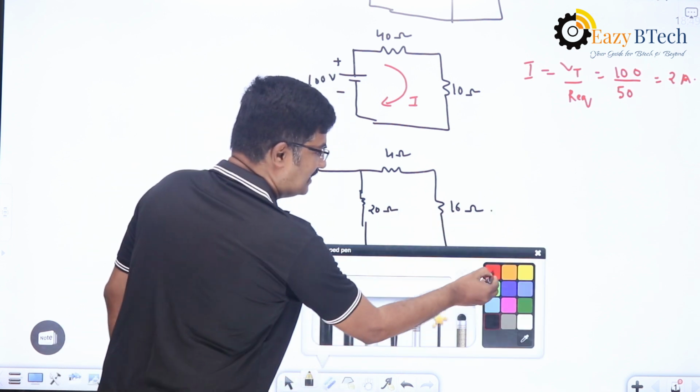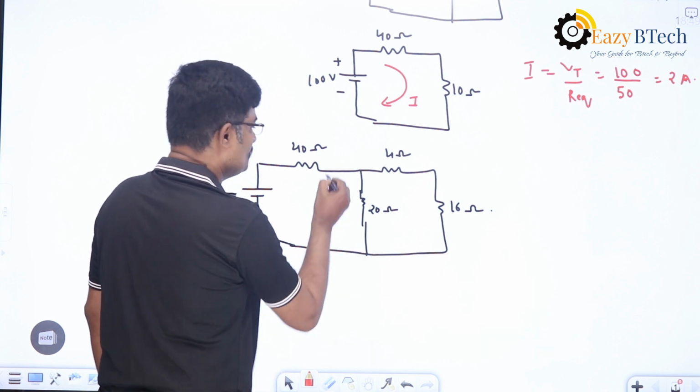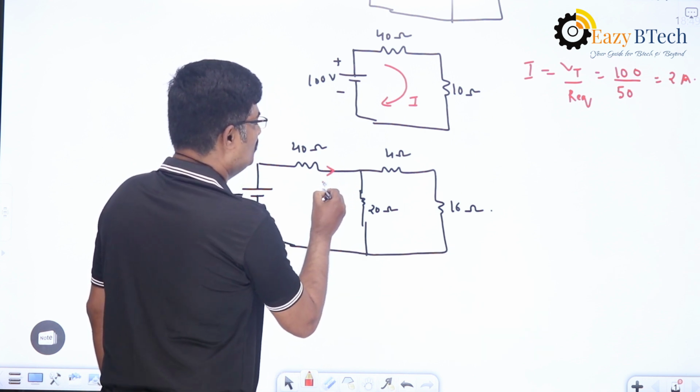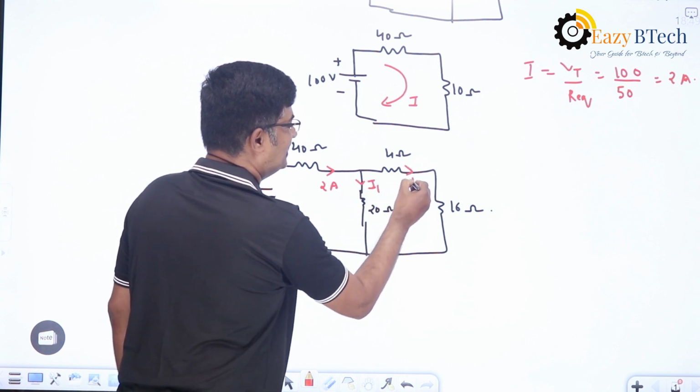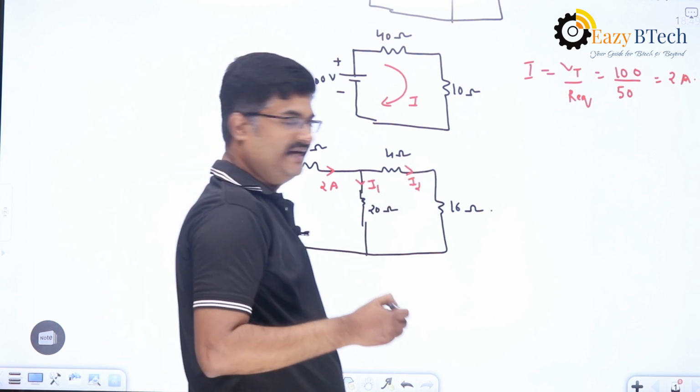Now the current up to this point is 2 amperes. I want the current here, which is I1, and here my current is I2. I want the current I1.